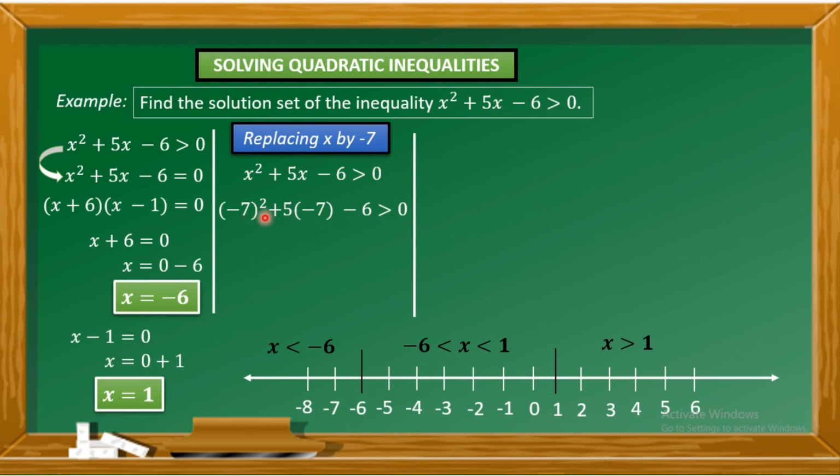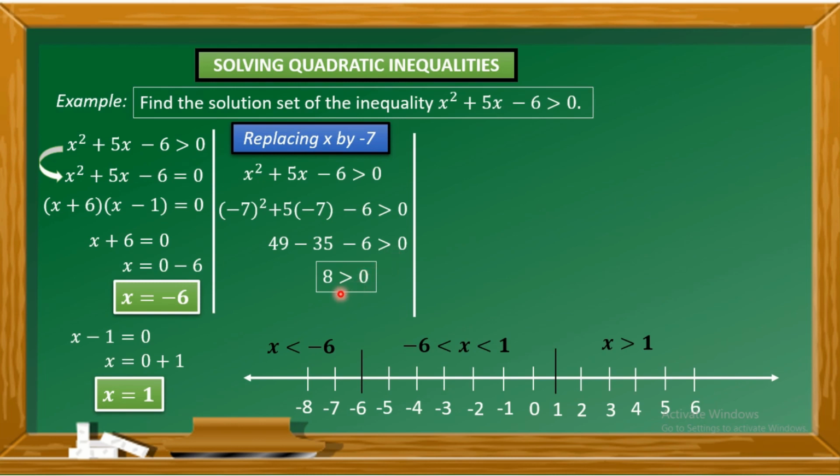Negative 7 squared is 49, positive. Positive 5 times negative 7 is negative 35. Minus 6 is greater than 0. Simplifying further, 49 minus 35 is 14, minus 6 is 8, greater than 0. So this is the final result.